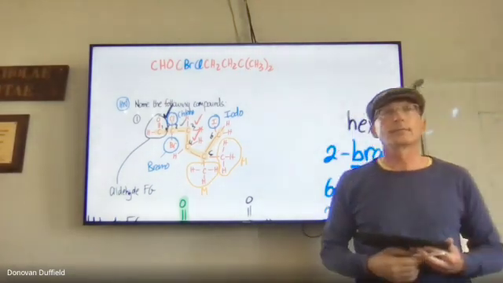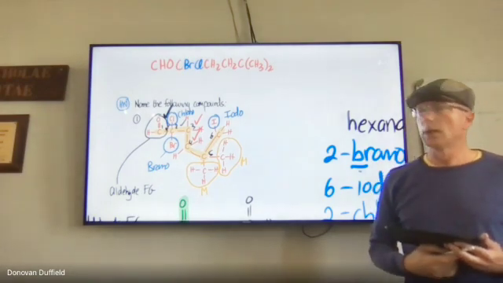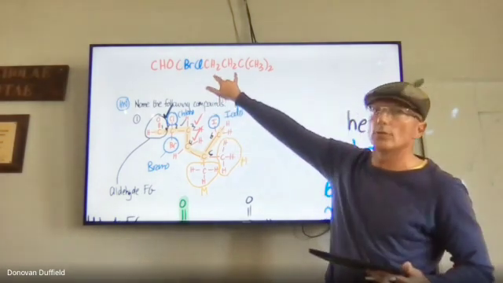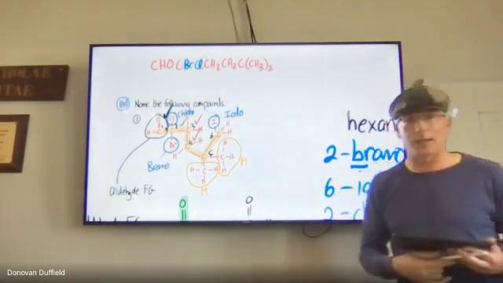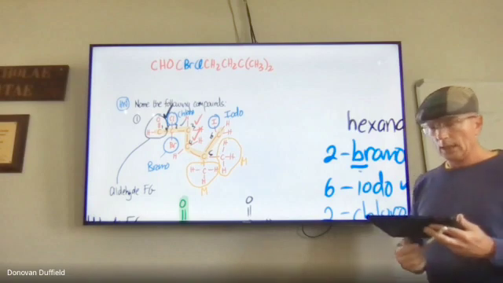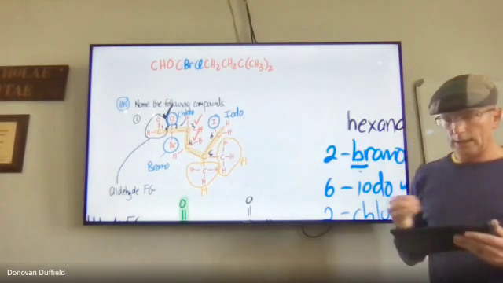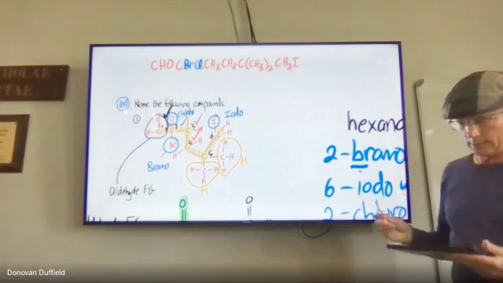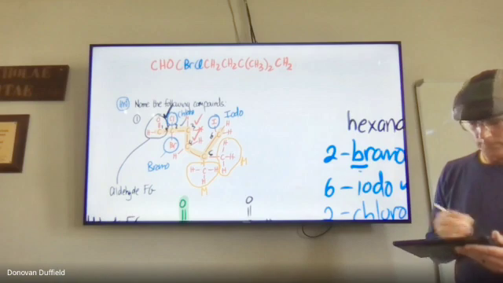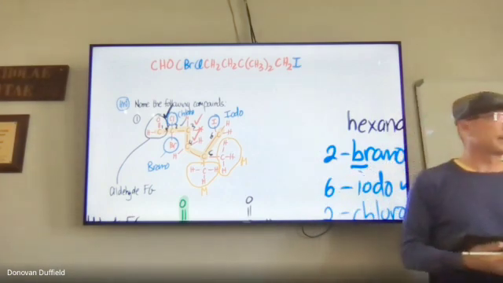So for the CH2 and CH2, could you also put it in brackets? Yes, we could have made the CH2 bracket CH2 2. I was going to do that in the next step. Okay, it's right. All right, now when it comes to this last one, it's going to be CH2I or ICH2, doesn't matter.